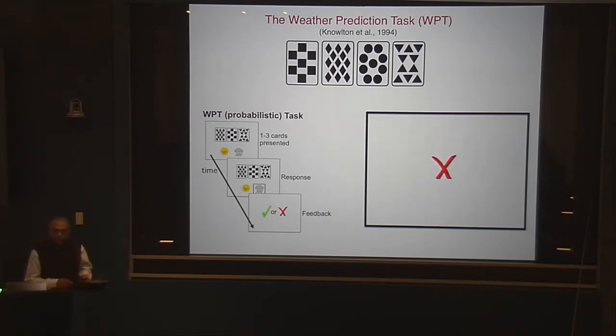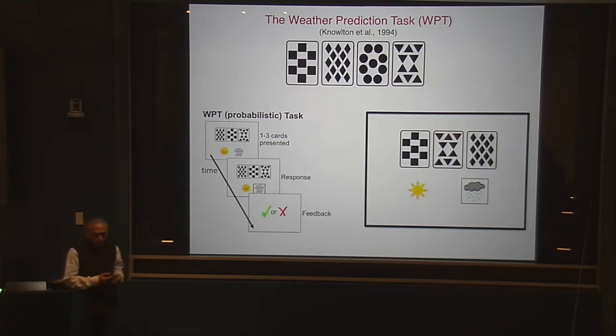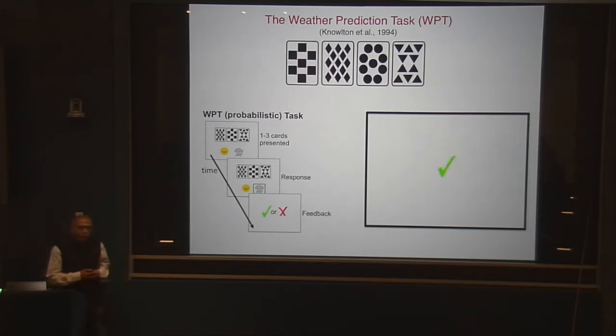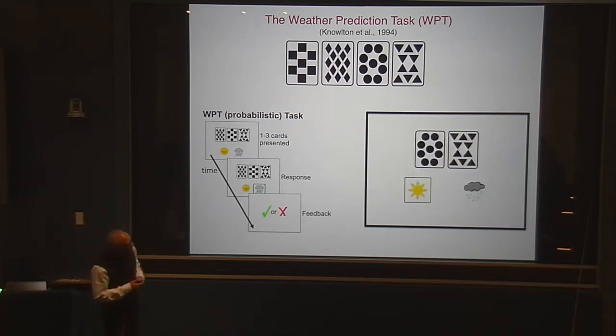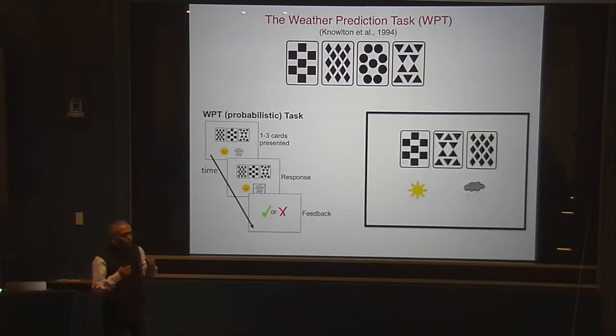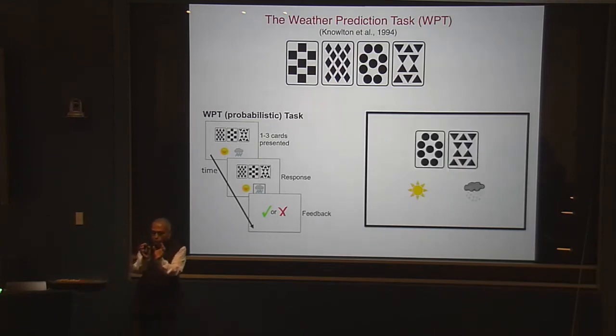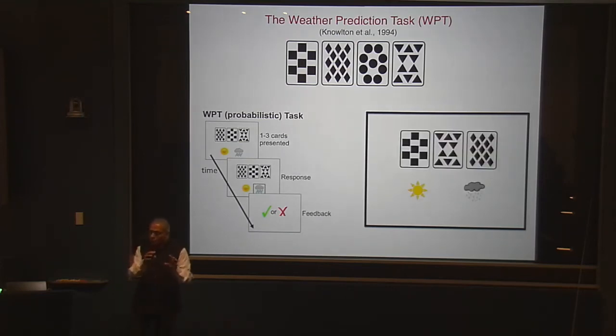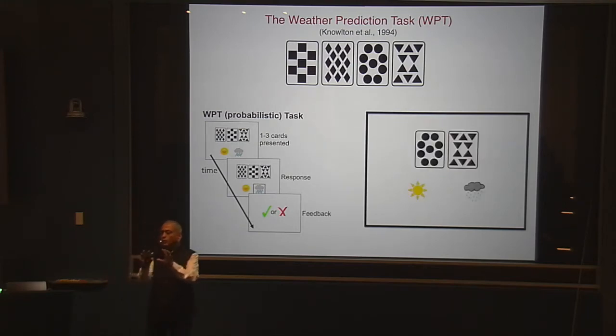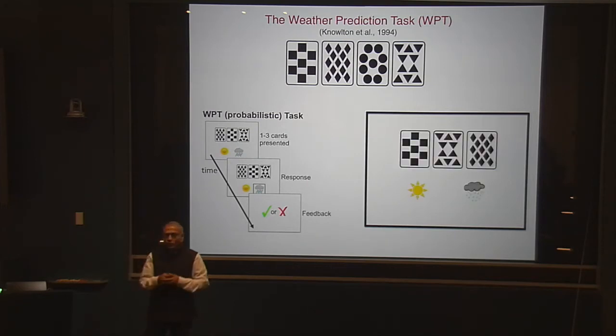So this is a task that has been devised by Knowlton and colleagues. As you see in this animation on the right, the task involves showing the participant a bunch of cards, 2, 3, or 4 cards with different patterns printed on them. After they have seen these cards, you ask the participant, does this mean that tomorrow, figuratively, is going to be sunny or rainy?